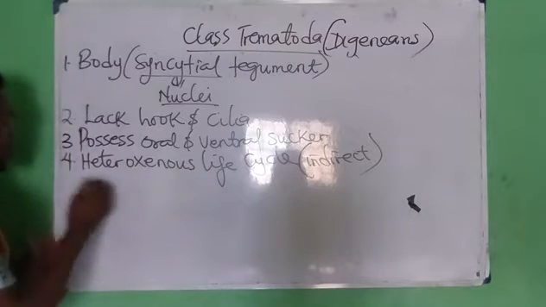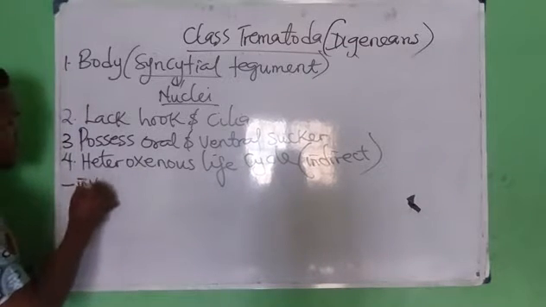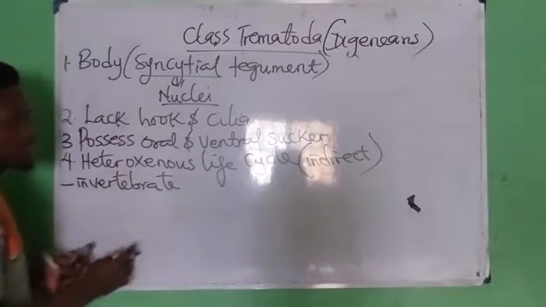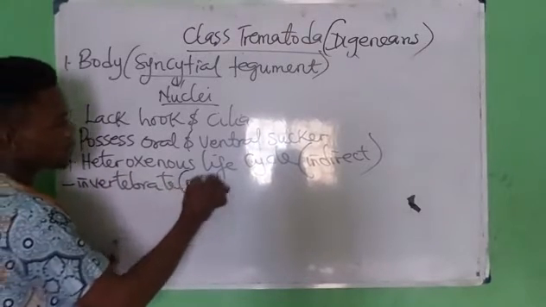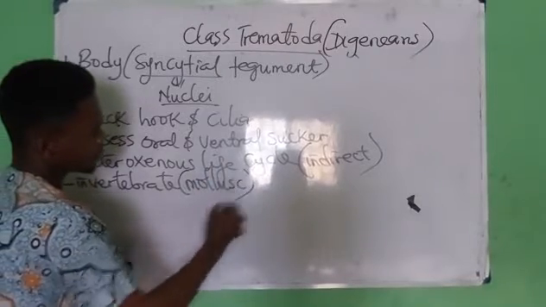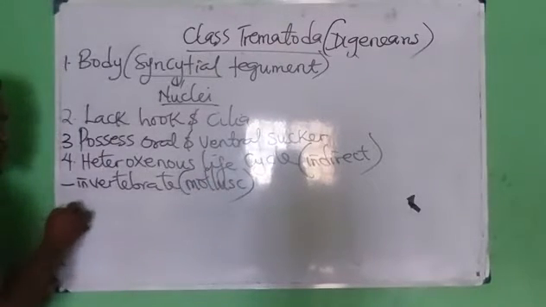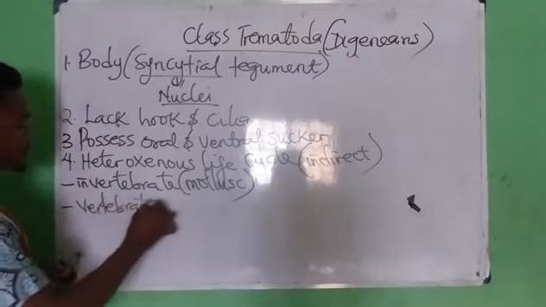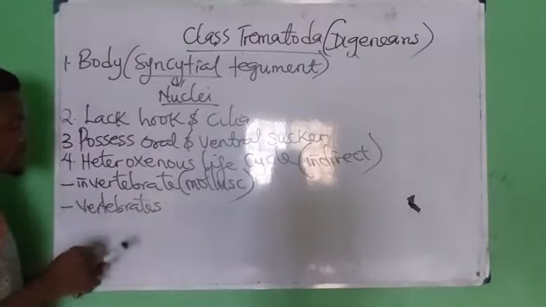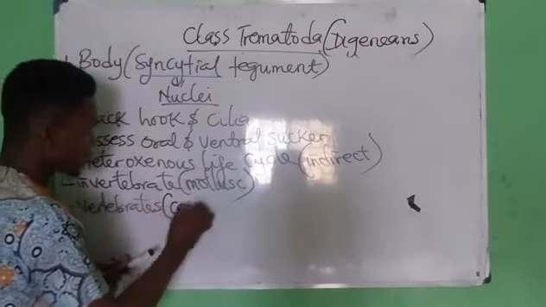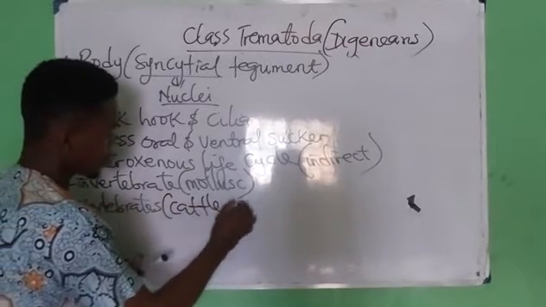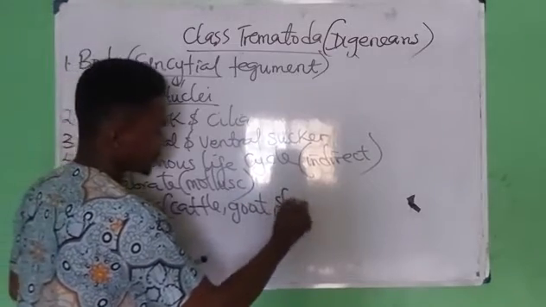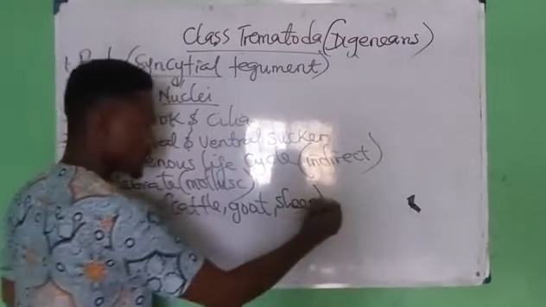Please take note that the primary host is usually an invertebrate. The primary host is usually what? An invertebrate called mollusk. While the secondary host is usually vertebrates. It's usually vertebrates. Examples of these vertebrates are cattle, goats, and sheep.